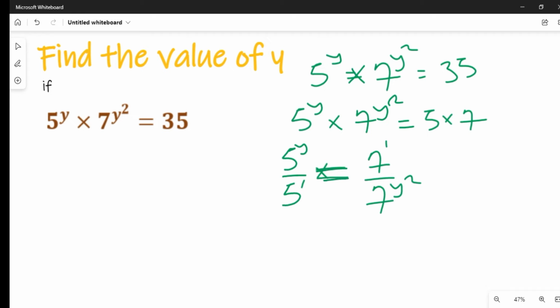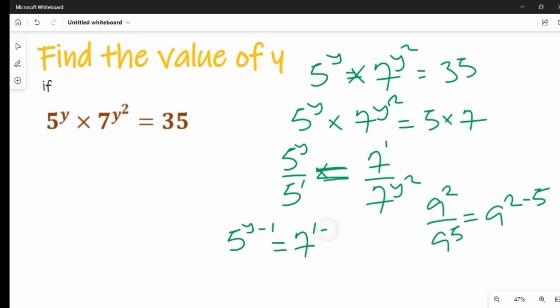Recall a law of indices: a raised to power 2 over a raised to power 5 equals a raised to power 2 minus 5. That's the division law, so we apply it here. This gives us 5 raised to power y minus 1 equal to 7 raised to power 1 minus y squared.